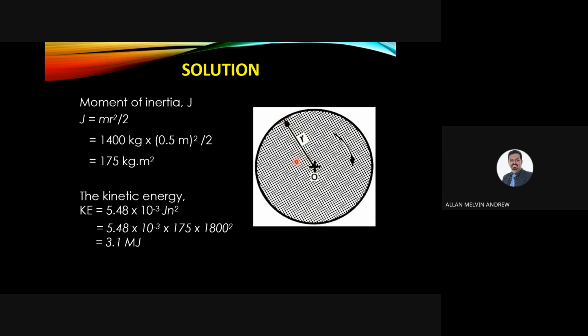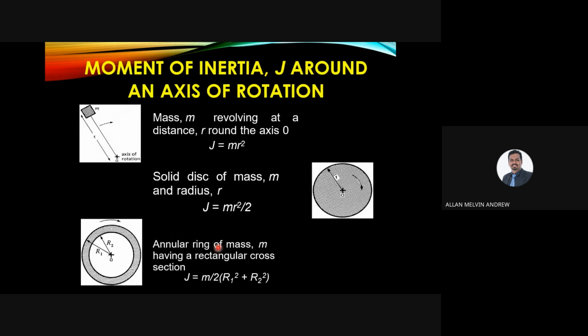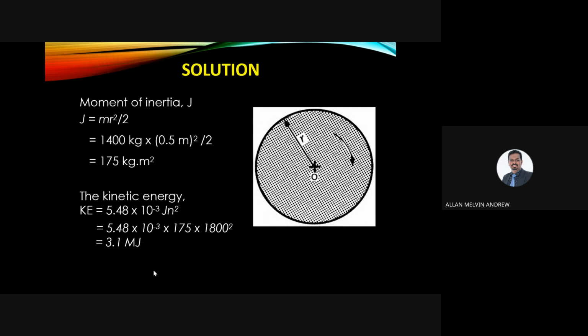So we can refer to the previous slide. Since it fulfills this, just take this formula: J equals mr square over 2. M is 1400 kilograms, R is 0.5, square, over 2. So we solve it and get the moment of inertia J equals 175 kilogram meter square.